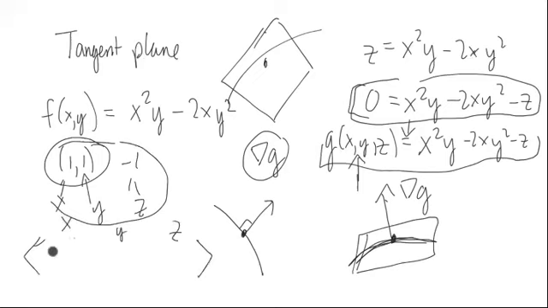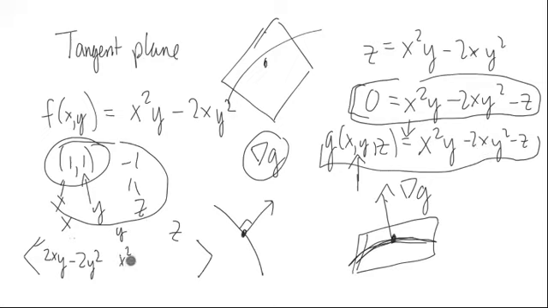When you take a derivative with respect to x of all this, we get 2xy minus 2y squared. Okay, now derivative with respect to y. That would be x squared minus 4xy.